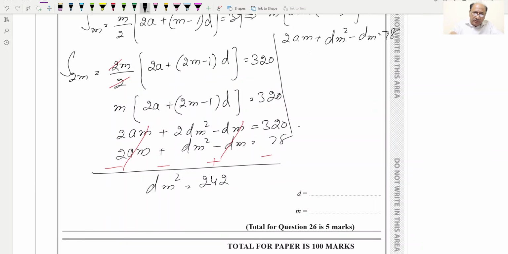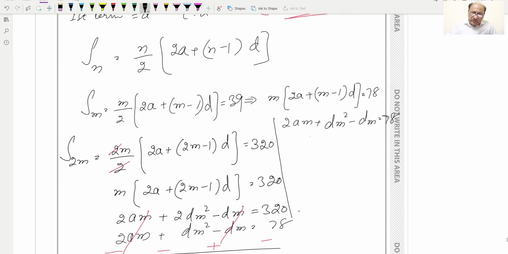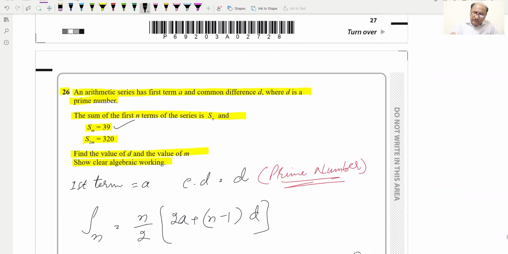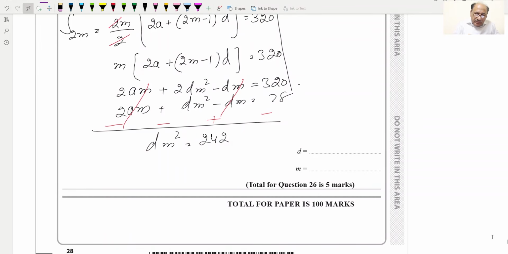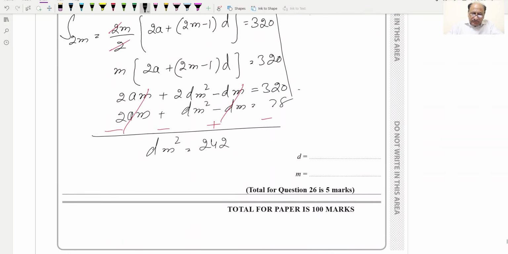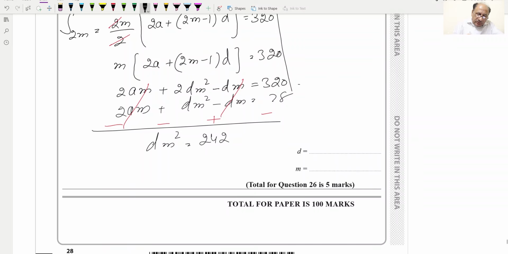So dm square is 242. Now they are saying d is a prime number. This is what I told you, we will be using this. So d is a prime number, so we can take 242 as 2 into 11 into 11.